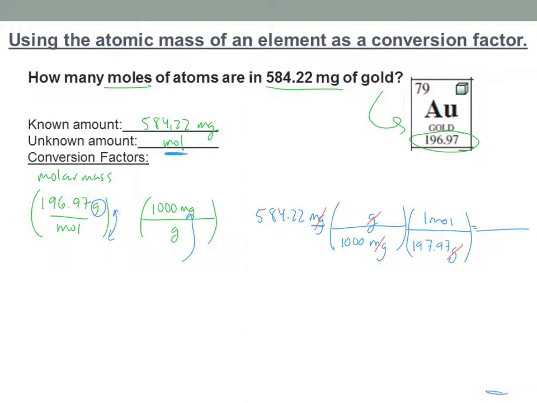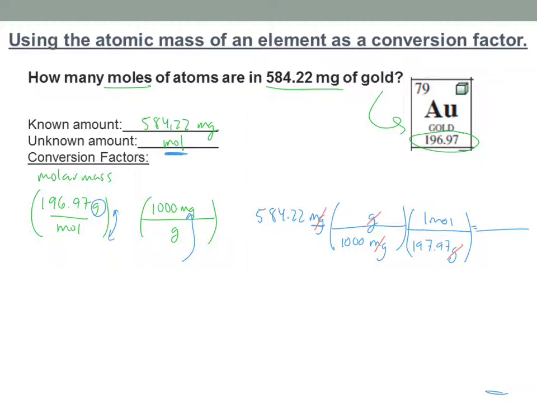So again, you multiply all the things in the numerators and divide by all the things in the denominator. So 584.22, technically times 1, even though it's mathematically not that important. Then divide by 1,000 and divide again by 197.97.